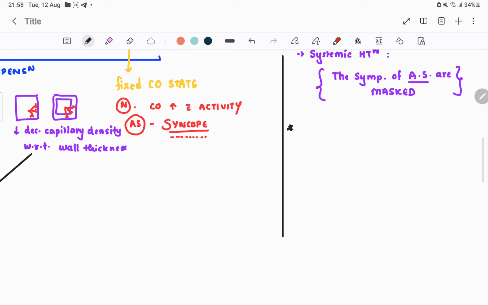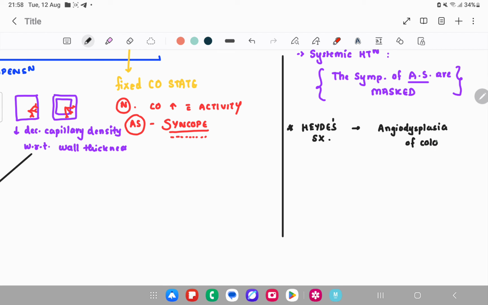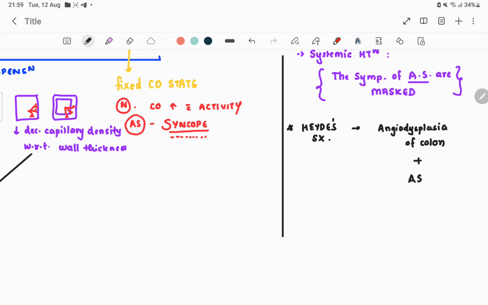Another scenario which I want you to know is a syndrome called Heyde syndrome. Heyde syndrome is basically angiodysplasia of the colon associated with aortic stenosis.